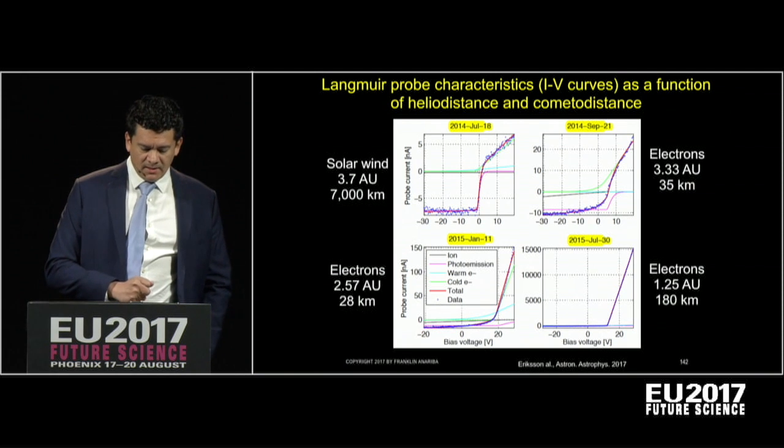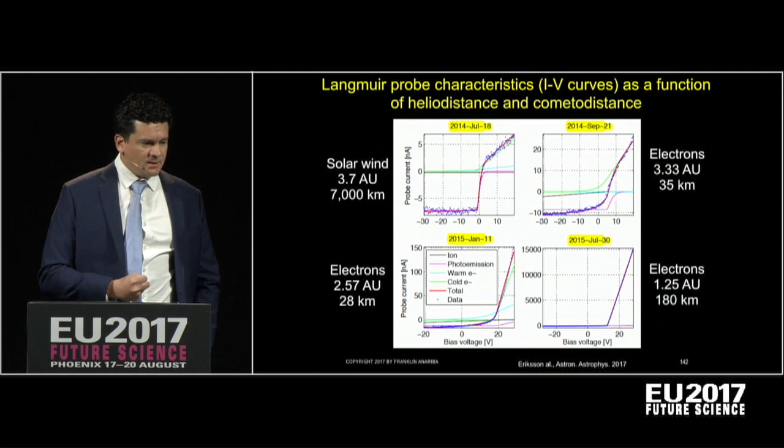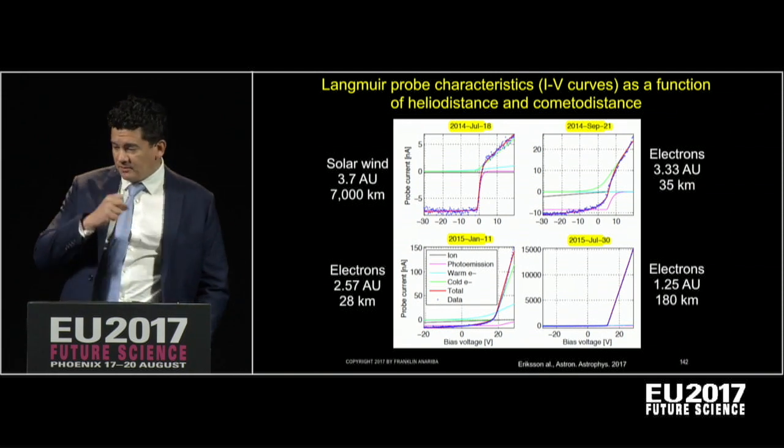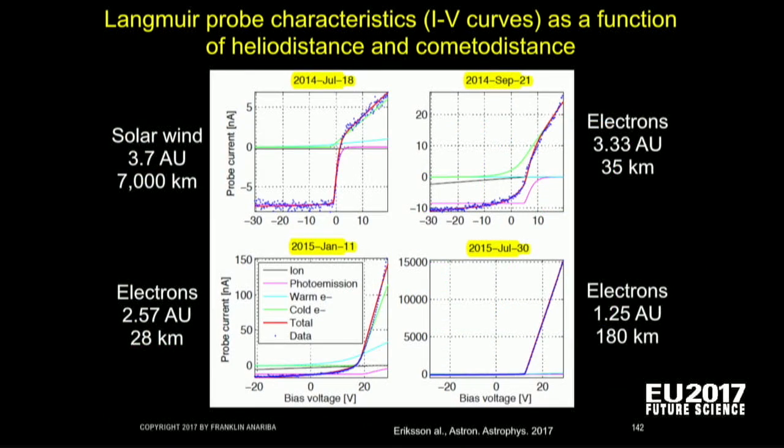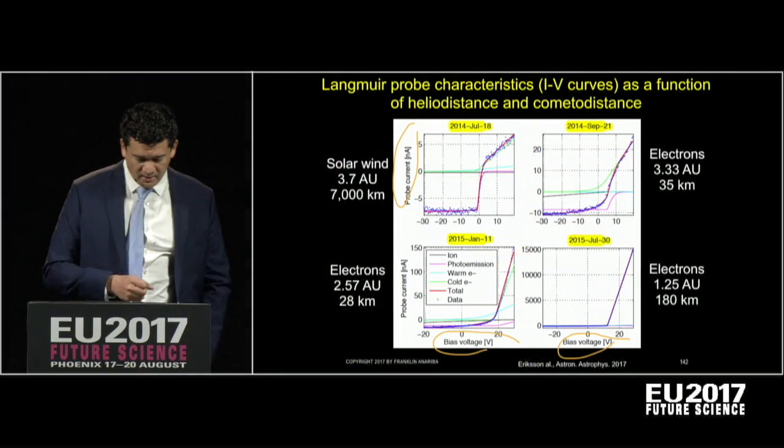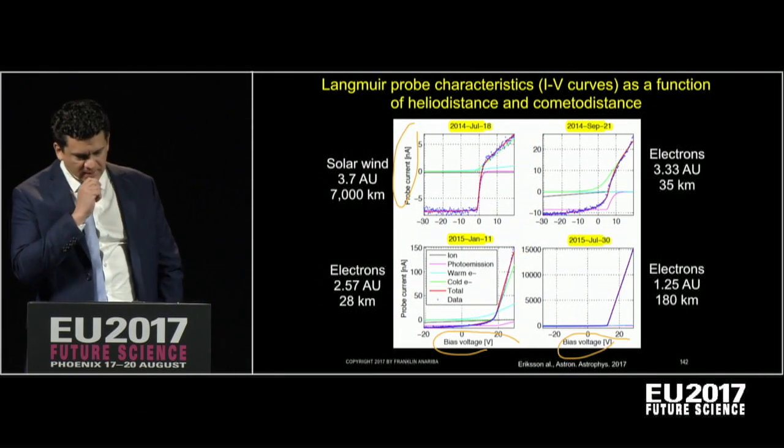And I think this is a very important work that just came out this year. What we have here is a very good work, an example of a Langmuir probe. So what we're showing you is IV characteristics. For those of you who don't know what it is, this is current, and here would be voltage. So it's an IV, current-voltage curve.